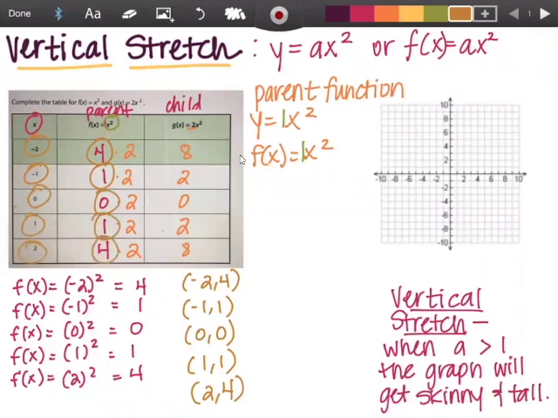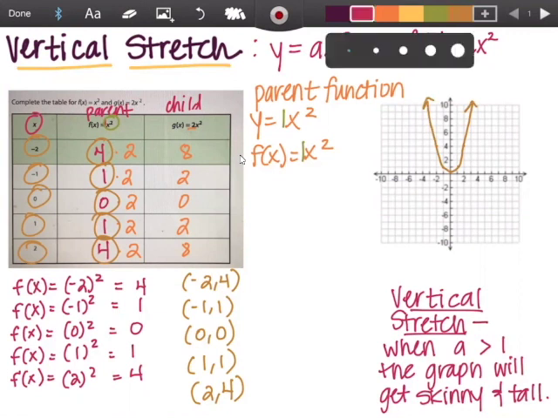Okay. So let's go ahead and graph that. So negative 2, I'm going to go up to 4, negative 1 to 1, and then 0 to 0, positive 1 comma 1, and then positive 2 comma 4. All right. And remember, I have to trace it or sketch it as beautifully as I can.